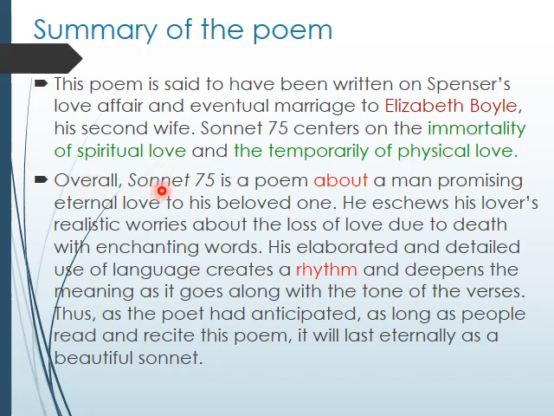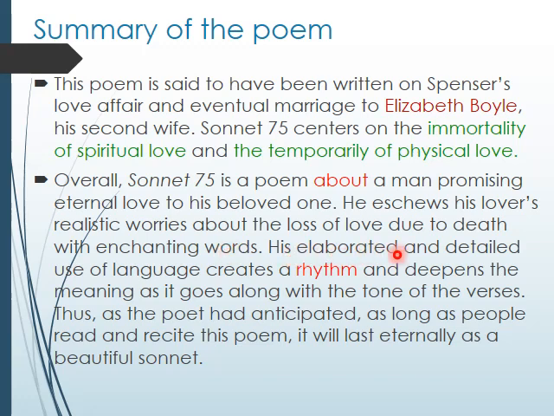Overall, Sonnet 75 is about a man promising eternal love to his beloved. He answers his lover's realistic worries about the loss of love due to death with enchanting words. He was afraid that his love would end with their death.